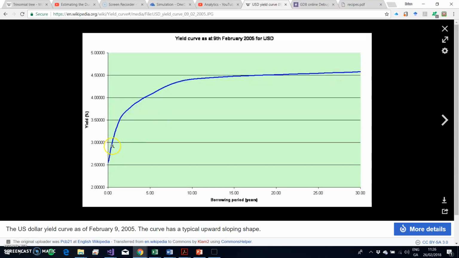So to hold on to an instrument for a short period of time, in some respects, if you buy a 1-year bond or a 2-year bond, you're more secure than somebody who's locked into a bond for 10 years or 25 years or 30 years, because there's a lot of inflation risk and other macroeconomic variables that could be not always known in advance, and you need to be compensated for that.